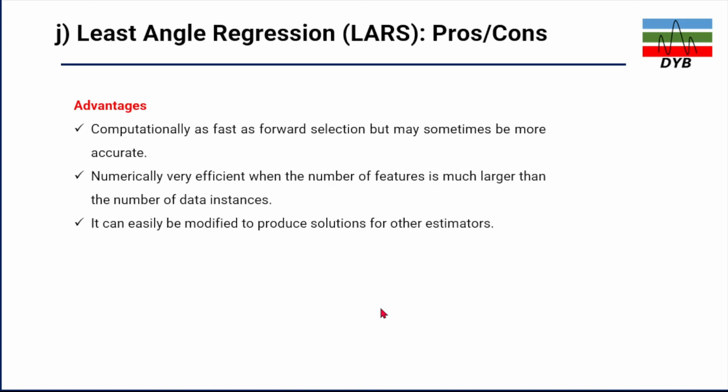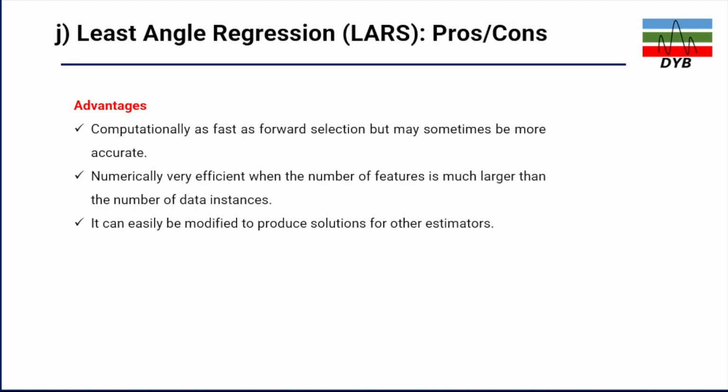What are the advantages of least angle regression? It is computationally as fast as forward selection, but may sometimes be more accurate. It is numerically very efficient when the number of features is much larger than the number of data instances.